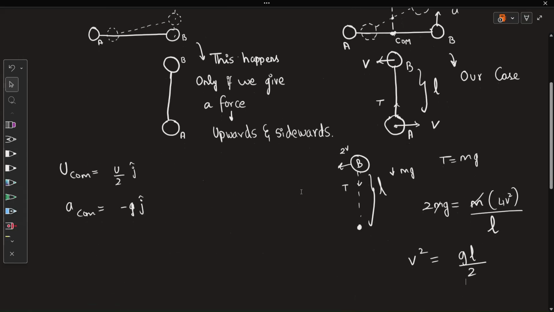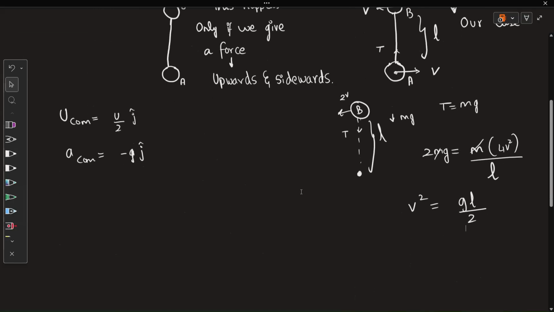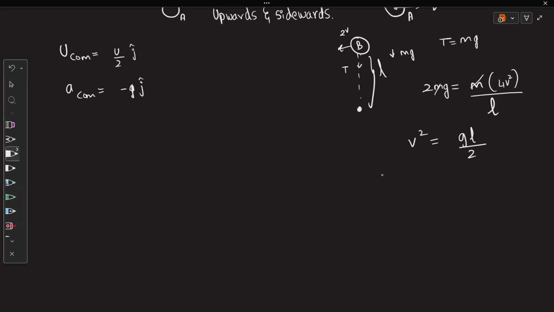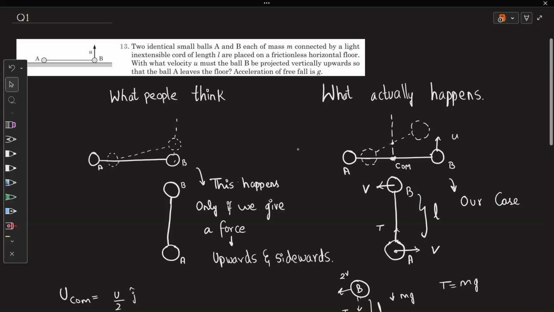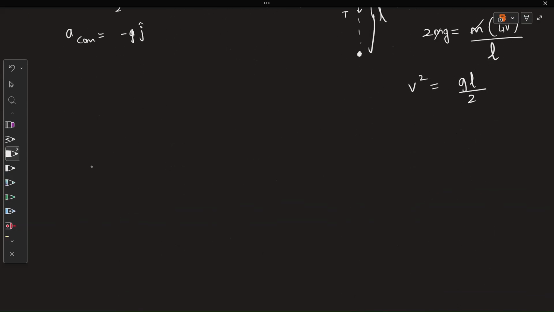Now they're asking for the value of u. So let's conserve our energies. Let's conserve the energy of the system consisting of A, B, and the thread. Initially, the only energy is the kinetic energy, half m u square.